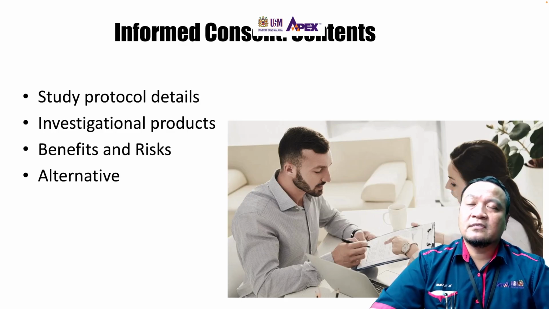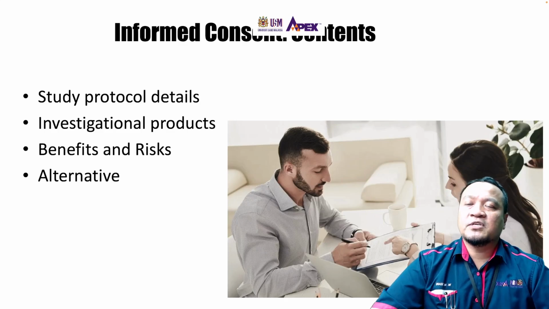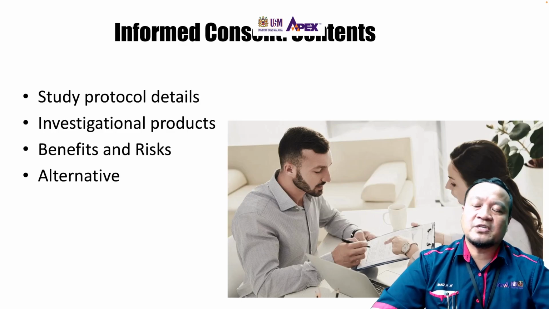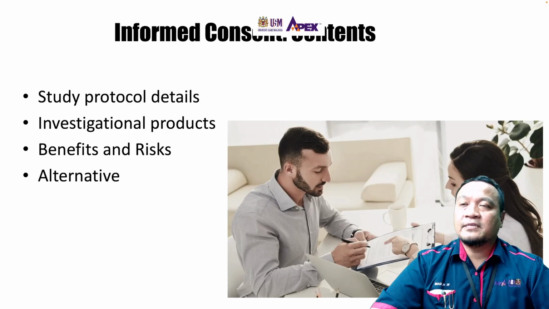What important information has to be explained to the subject? It includes the study protocol details, which explain the study procedures, days or visits, and how many times the patient has to come in for visits. The informed consent also includes the investigational products in detail: how they work, what the benefits and risks are, and whether there are alternatives.